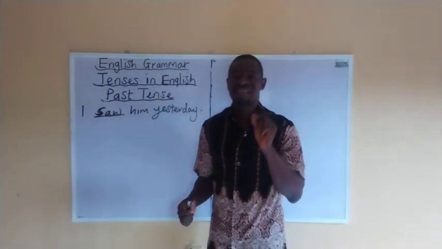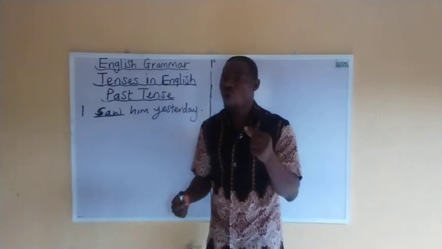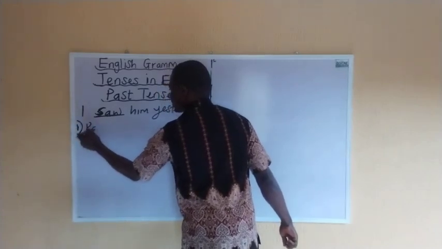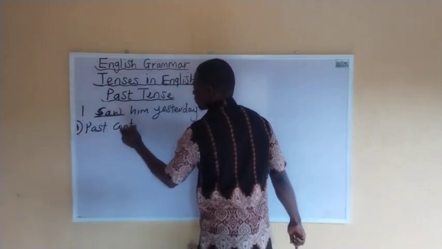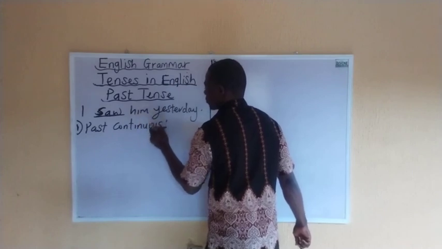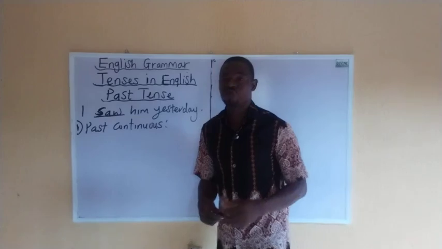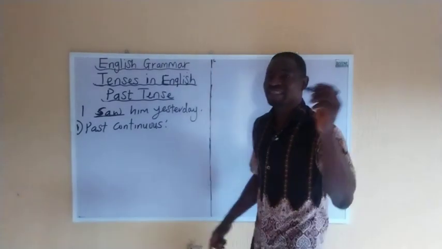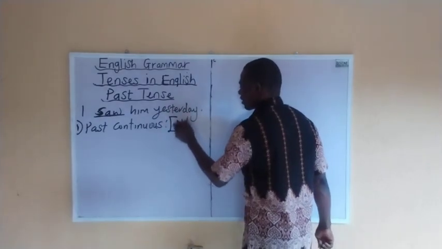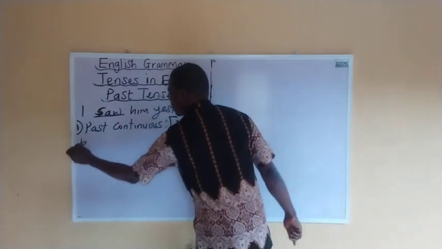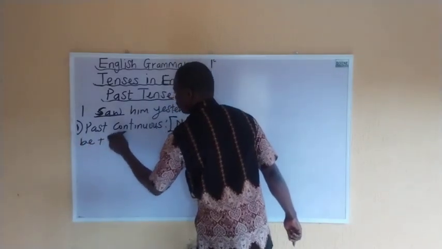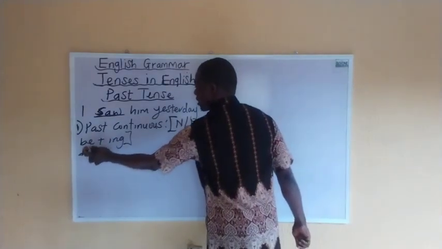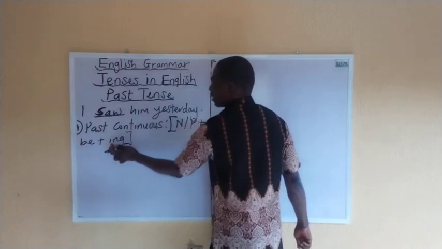Next are the different aspects of the past tense. One, past continuous. The past continuous is used to show that an action was in progress in the past, and it has the structure N/P plus B plus ing, that is, noun or pronoun plus be as the auxiliary verb and the ing.